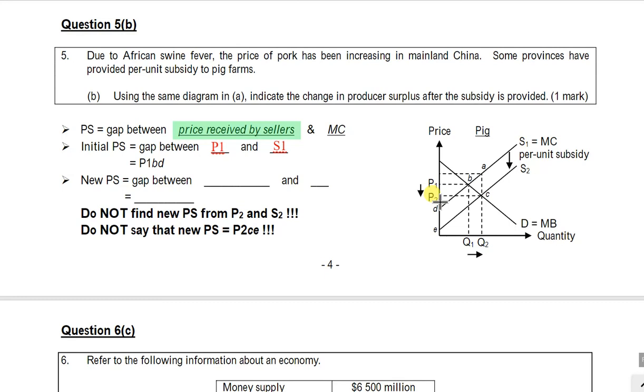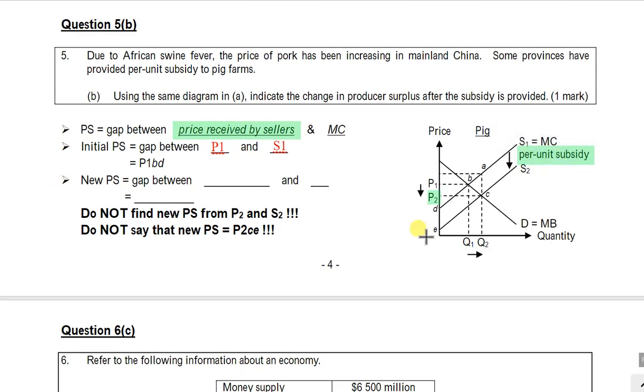It is not. For the sellers, except receiving this market price from the buyers, they also receive the per unit subsidy from the government. And that's why the amount of money received or earned by the sellers isn't equal to P2. It should be P2 plus the subsidy.